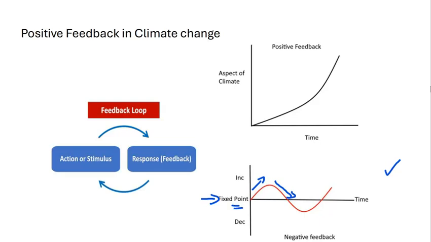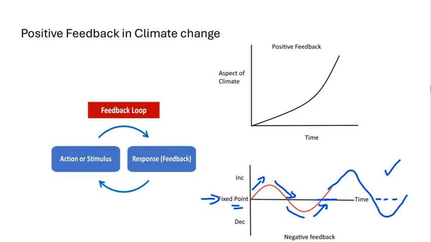And indeed, if we undershoot the fixed point, there are other feedback mechanisms which correct and bring us back to the fixed point level, like so, and the idea is to minimize the disruption or the disturbance from the fixed point level. And the less disturbance, the more stable and constant that condition is.